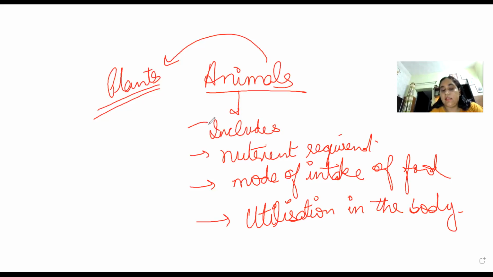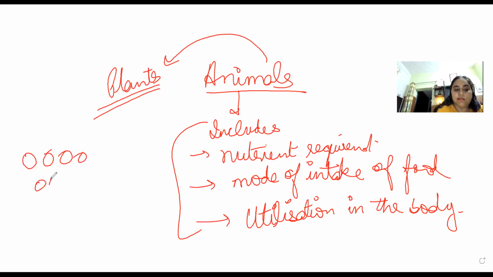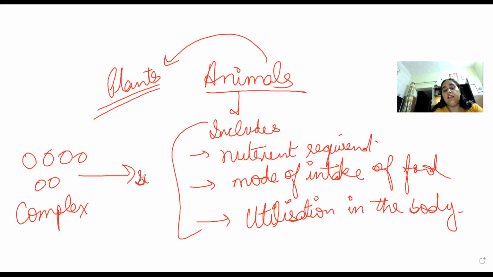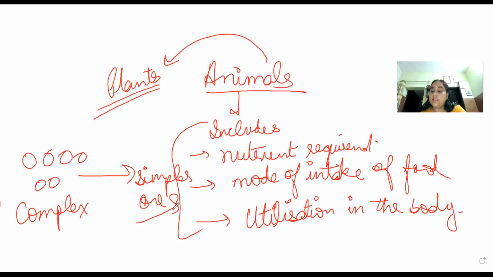Fine. Now, the basic process is that animals take in complex substances, whatever the mode of nutrition, and these complex substances are broken down into simpler ones. This is basically the idea behind the type of nutrition which is going on.